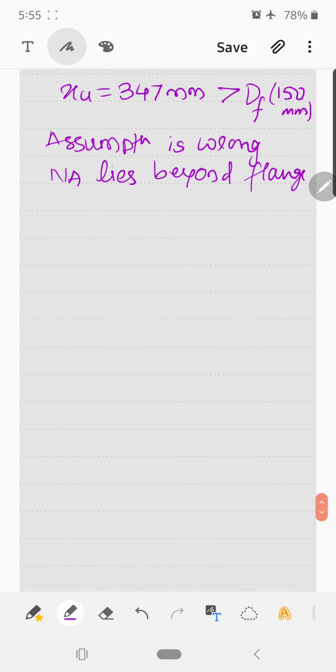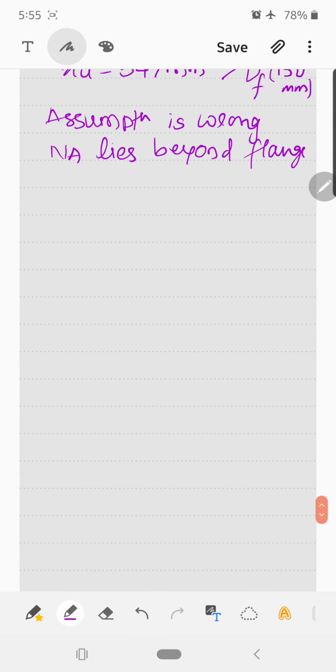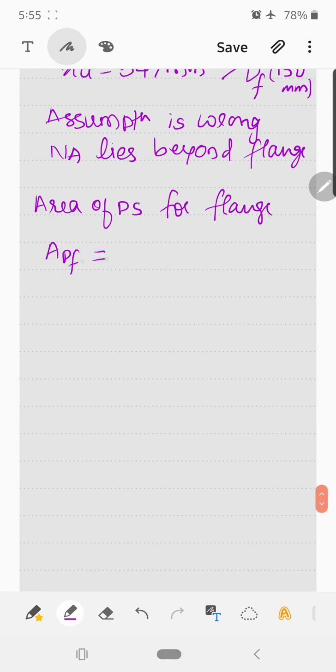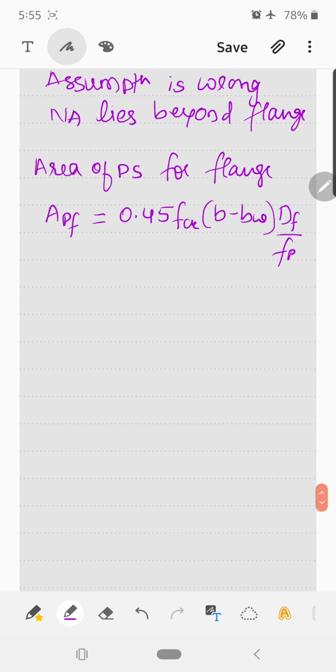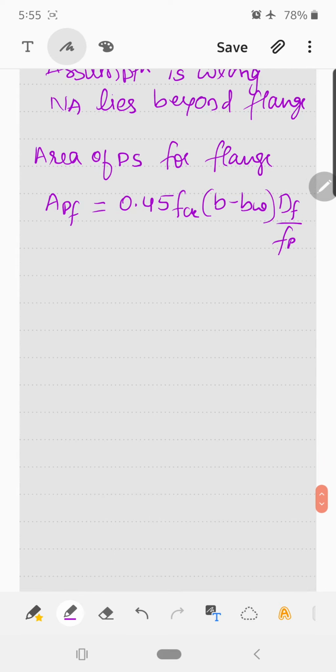Now when it is beyond the flange, determine the area of prestressing steel for flange first, APF. The APF equation is 0.45 FCK into B minus BW into DF, divided by FPU by FP.